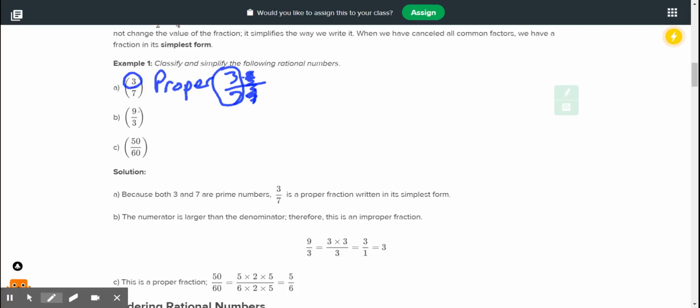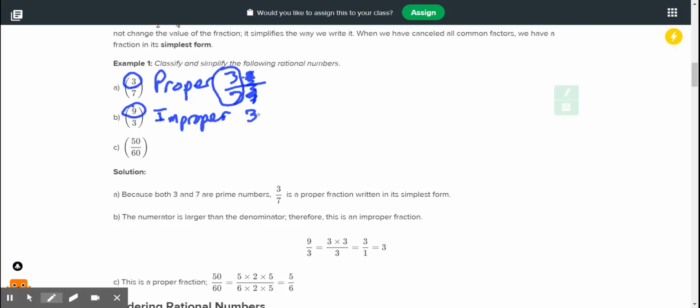If I look at the next one, my numerator 9 is bigger than my denominator of 3. So I know that this one is an improper fraction. And I'm going to ask myself, how many times does 3 go into 9? Well, I can figure that out.